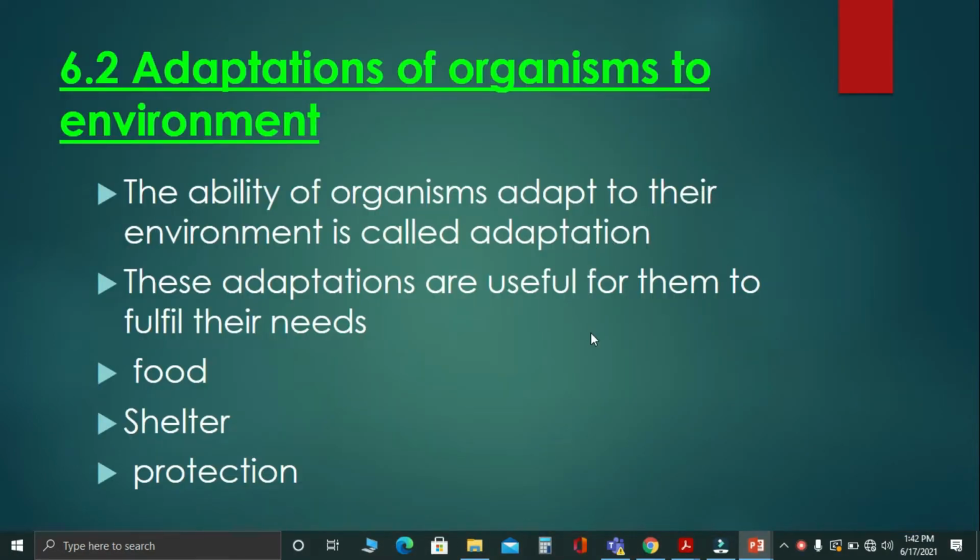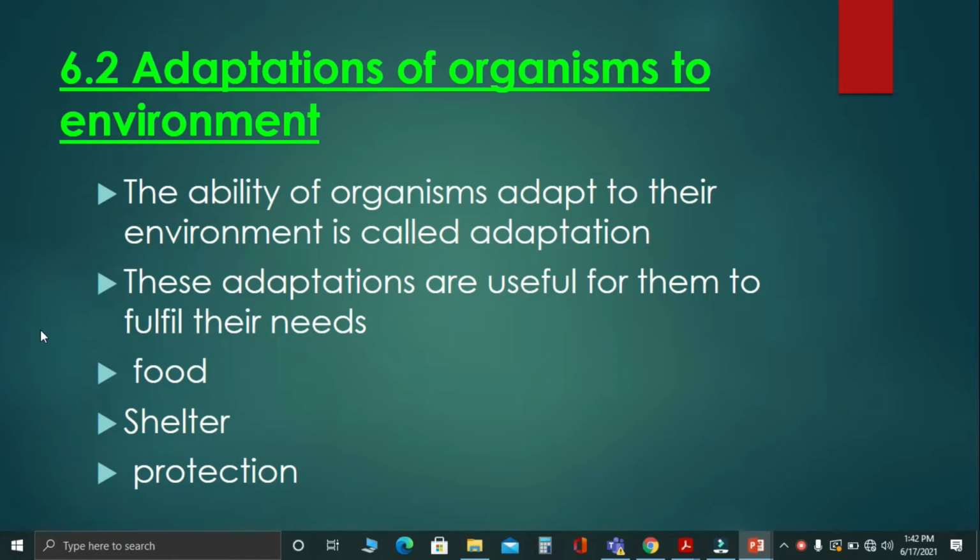The second topic of the lesson is adaptations of organisms to the environment. Now we are going to describe what adaptations are and what the benefits of them are. The ability of organisms to adapt to their environment is called an adaptation.